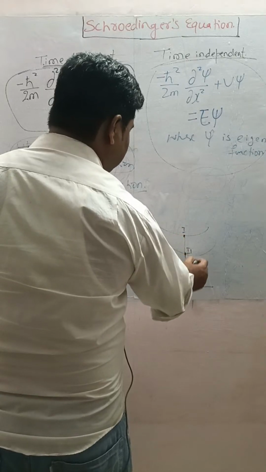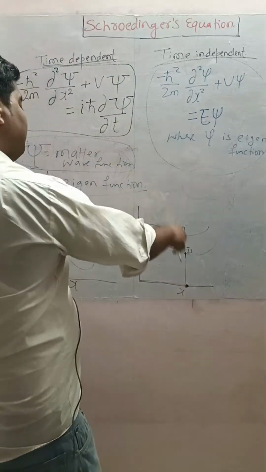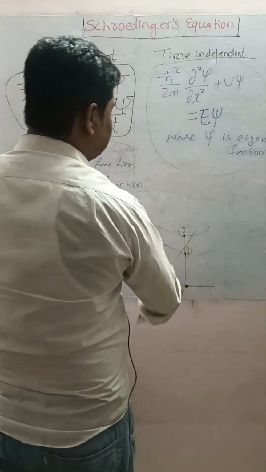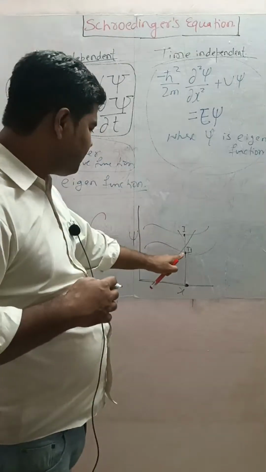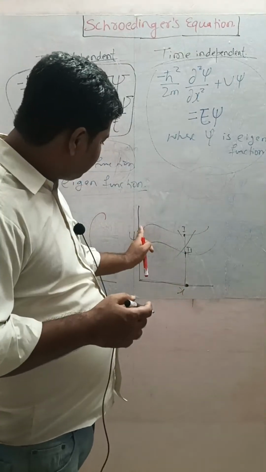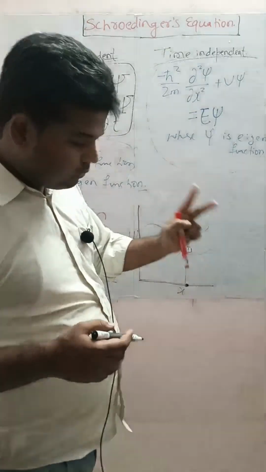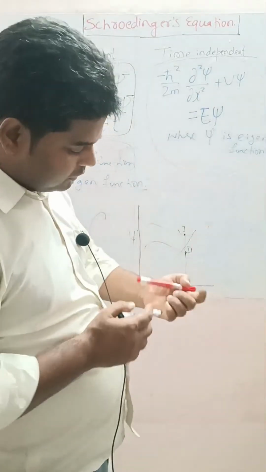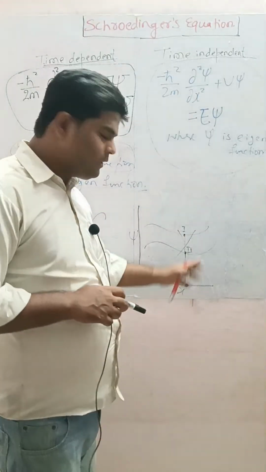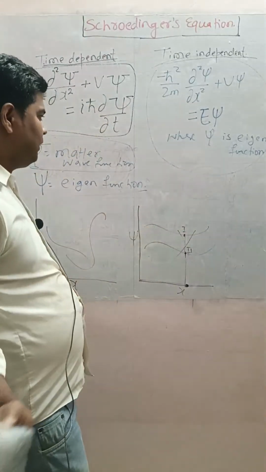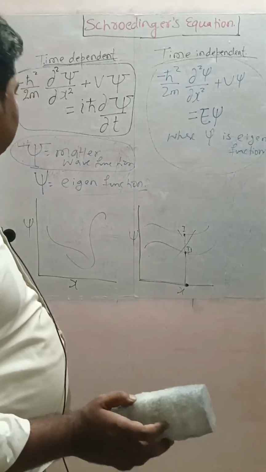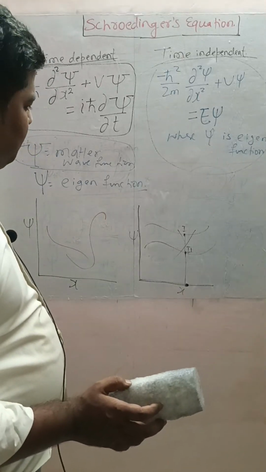If at the same point the matter wave has two values, then that is wrong. So it must have only one wave which is continuous, and it has only one value. So no two curves, just one continuous curve. And at one point in a space it has just one value. That is single valued.